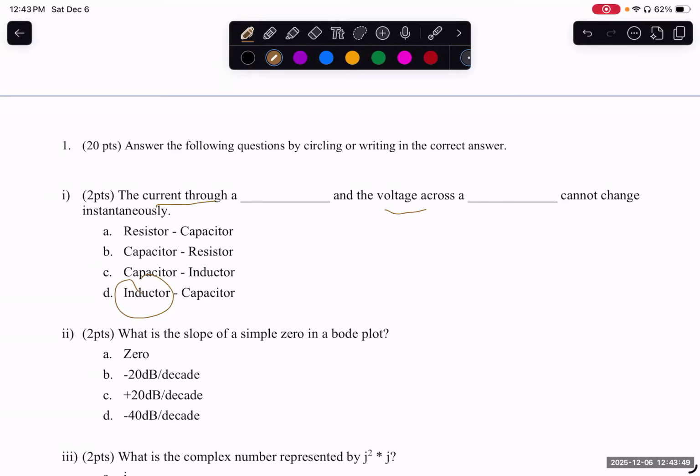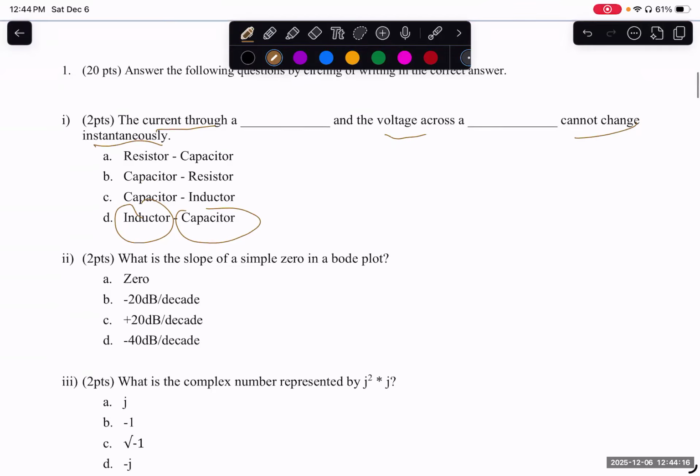And voltage across a capacitor can never change instantaneously. So this is important to know for why the answer is that. For the multiple choice questions, I believe it's really important to have a good understanding and good fundamentals.